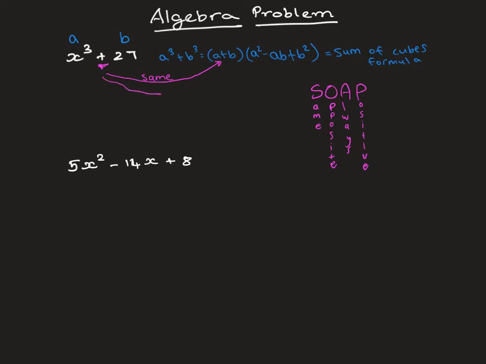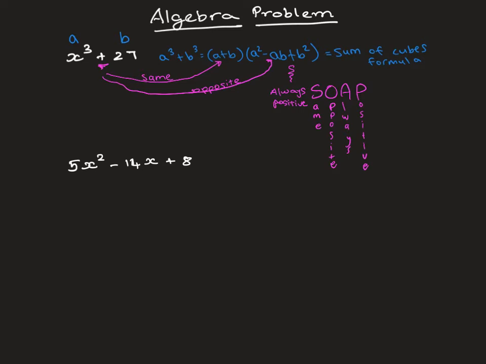Now from our plus right here, that's opposite. And the last one is always positive. So even when it's a cubed minus b cubed, it would be same, opposite, always positive.